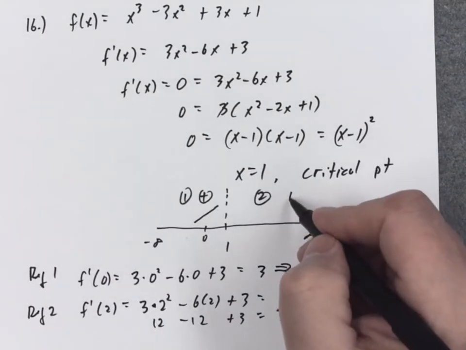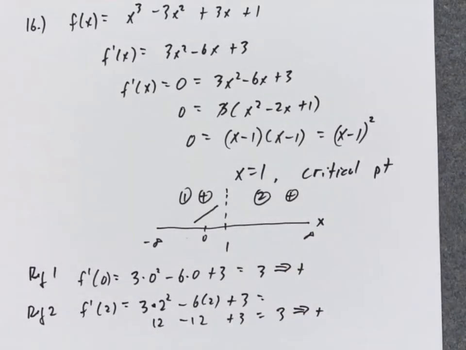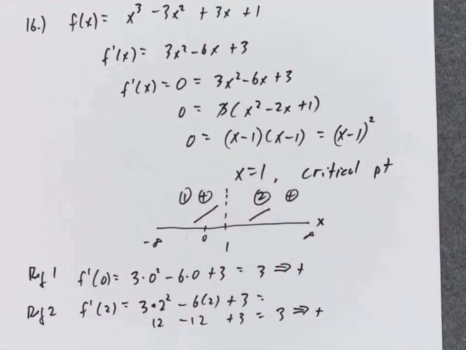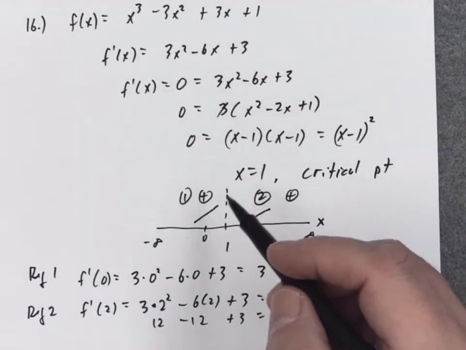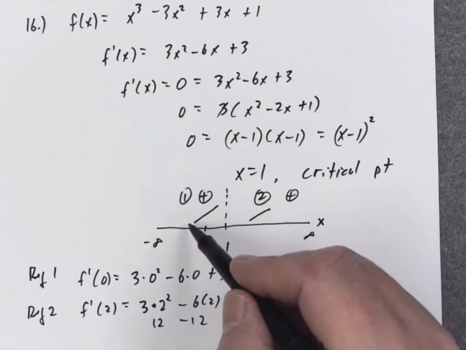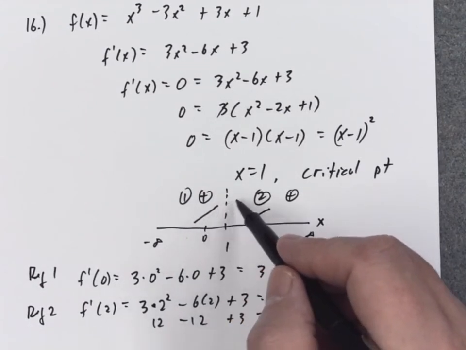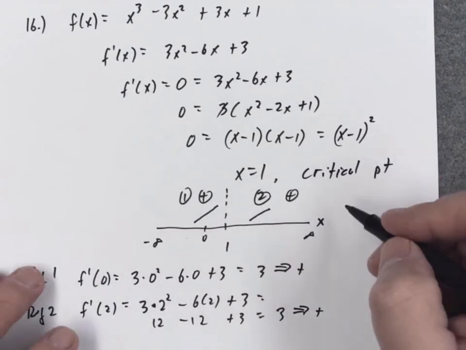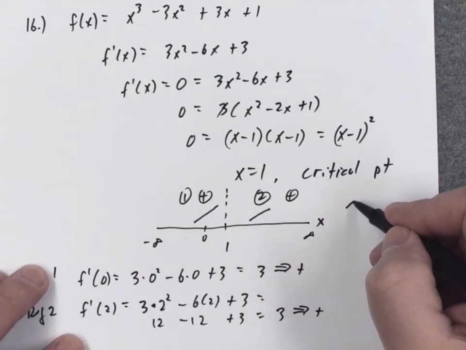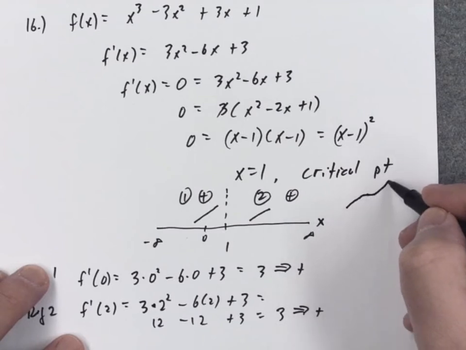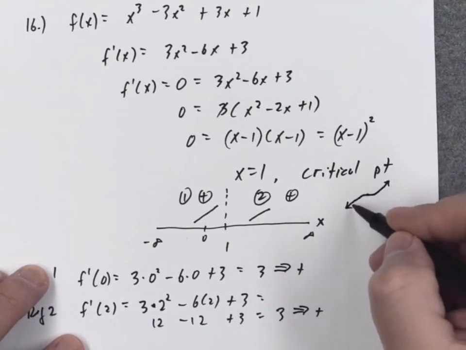Looks like in region 2, the first derivative is positive, which means it's increasing. So what happens when you have a region where it's increasing, and then you have a critical point, and then it keeps increasing? Well, that occurs when you have a neither, right?